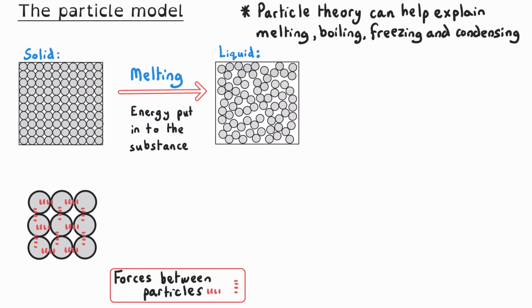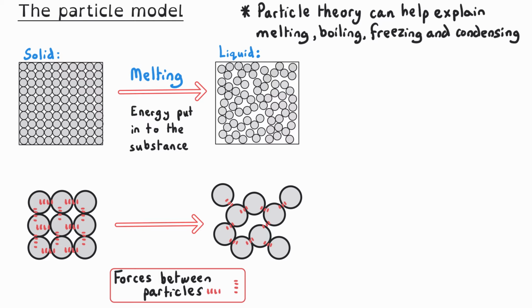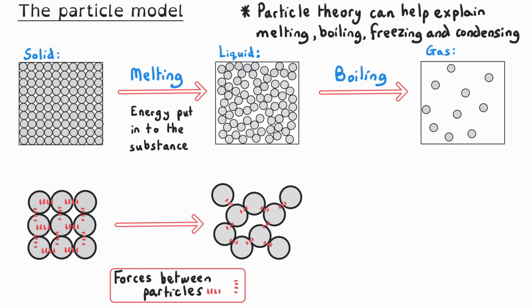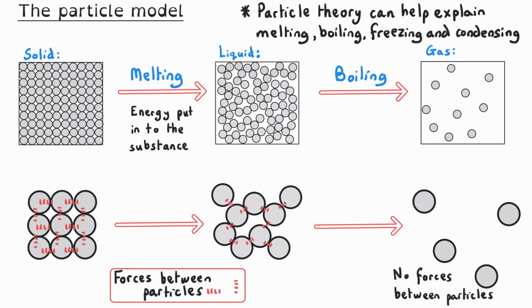Once a substance has been turned from a solid into a liquid, there are still forces between those particles, but they are weaker than previously, which is why the particle arrangement for a liquid is much more disordered and more random than it is for a solid. Breaking these forces is necessary to convert a liquid into a gas, because once a liquid has turned into a gas, those particles have actually got no forces between them.